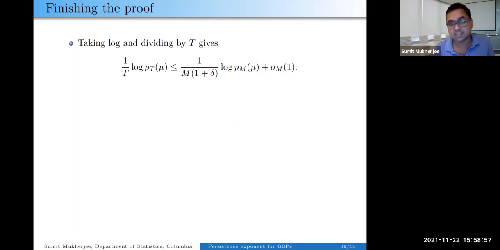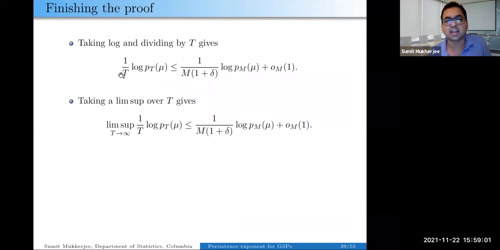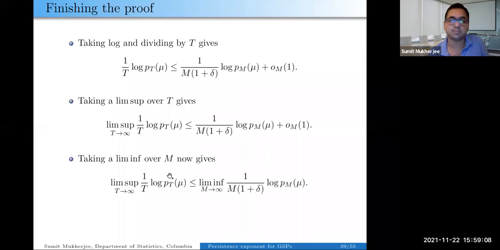Now you first let t go to infinity, followed by m going to infinity. If you take a lim sup as t goes to infinity, this part remains unchanged. If you take a limit over m, you get this, and this term goes away. Once you see this, you are done, because delta is arbitrary, and now I have lim sup less than or equal to lim. So there is an exponent.